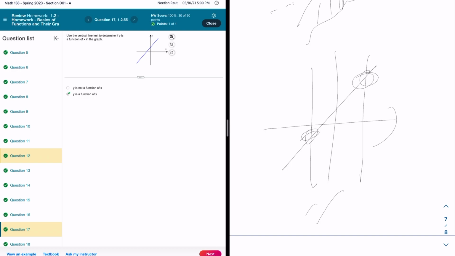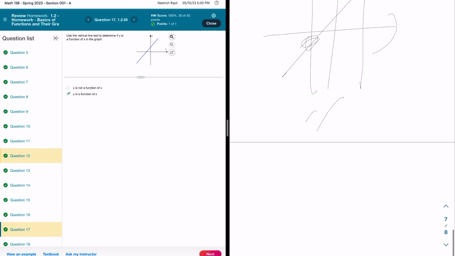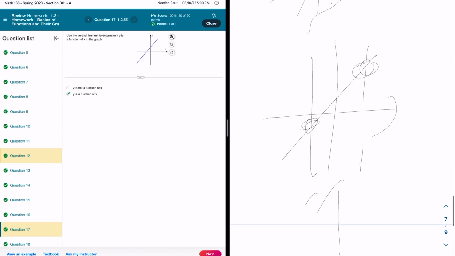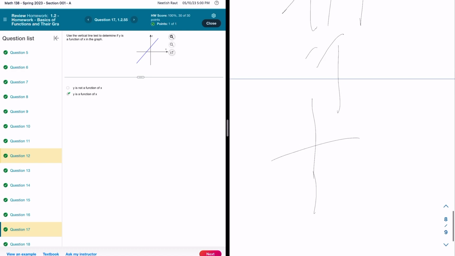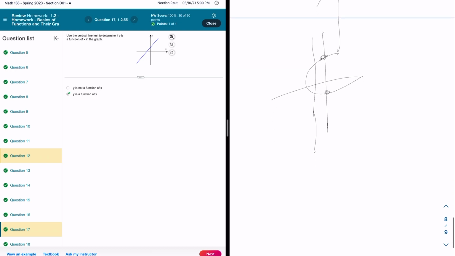I'll give you one example. Our first one was like that, right? It touches only one time. But let's see another graph, and you need to test whether it is a function by the vertical line test. The vertical line touches two times, so this is not a function.